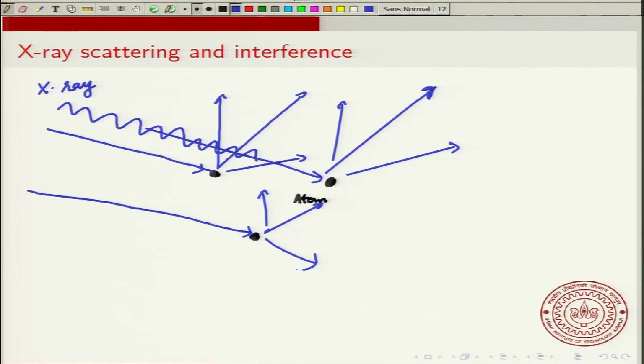And X-rays are electromagnetic radiations that interact with the electron density of atoms.